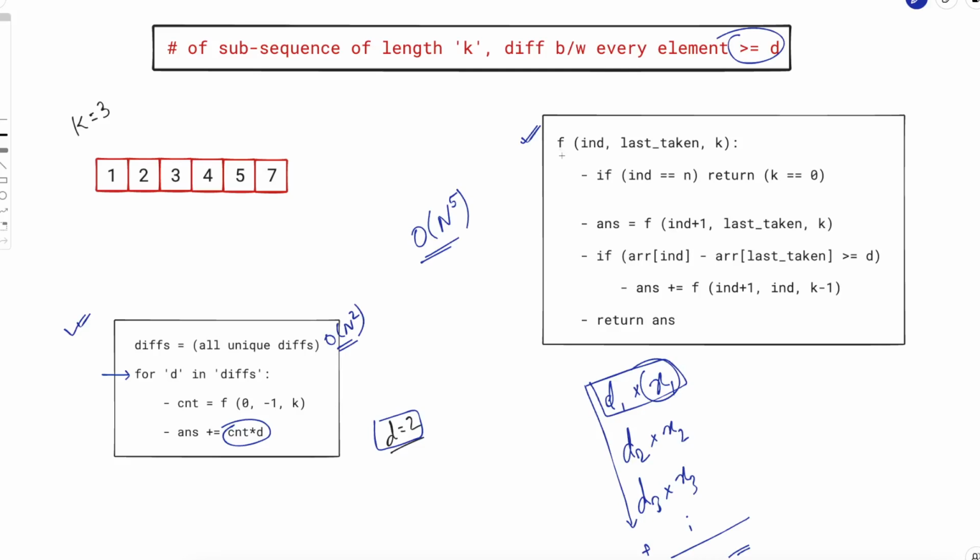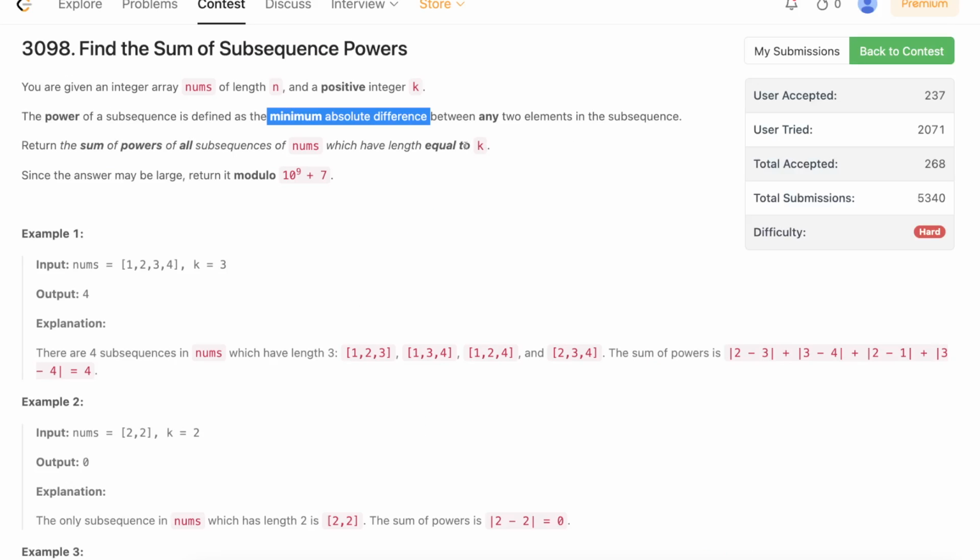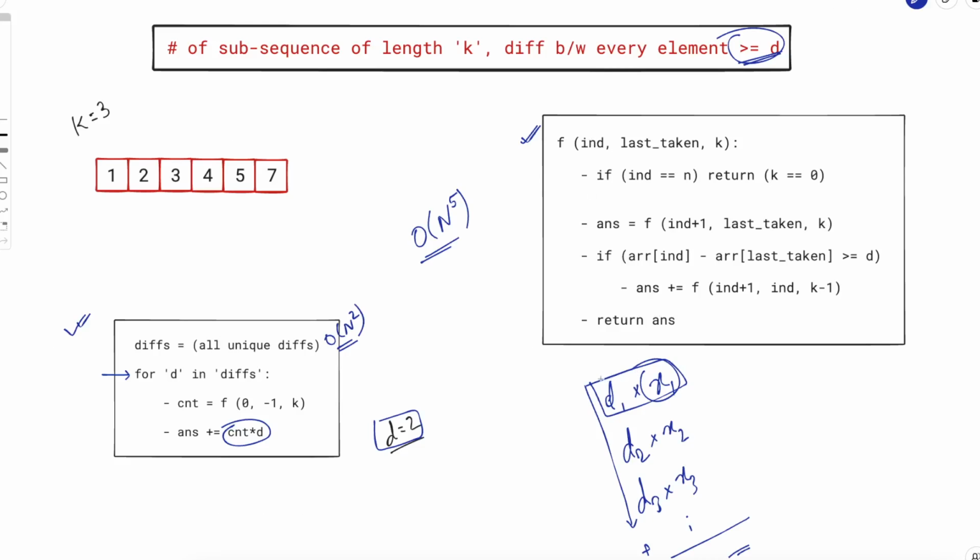You will get the number of subsequences of length k such that the difference between every element is greater than or equal to d. And what is power? Power is the minimum absolute difference between any two elements in the subsequence, right? So for d to be the power, you have to have d at least once, otherwise d can't be the power.